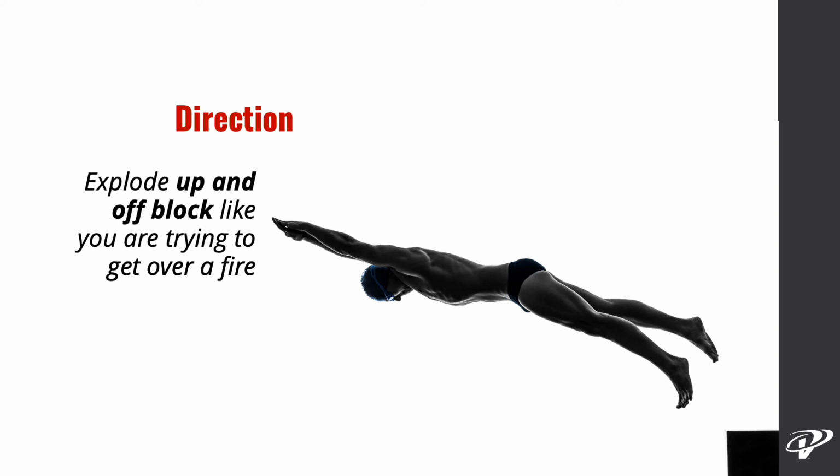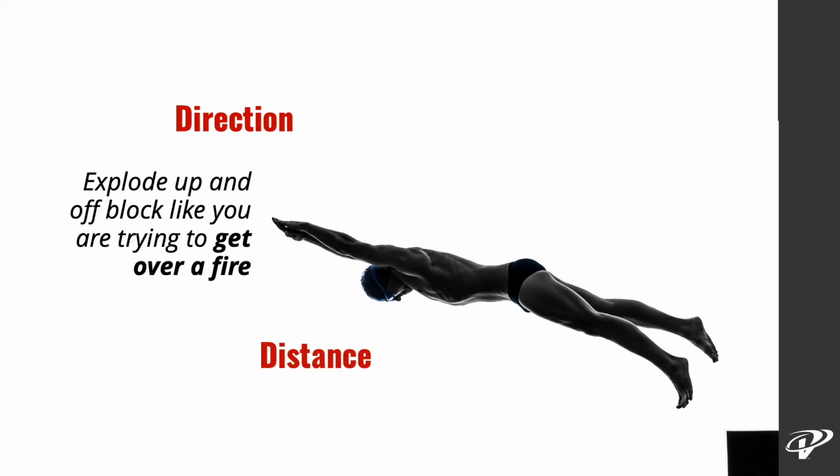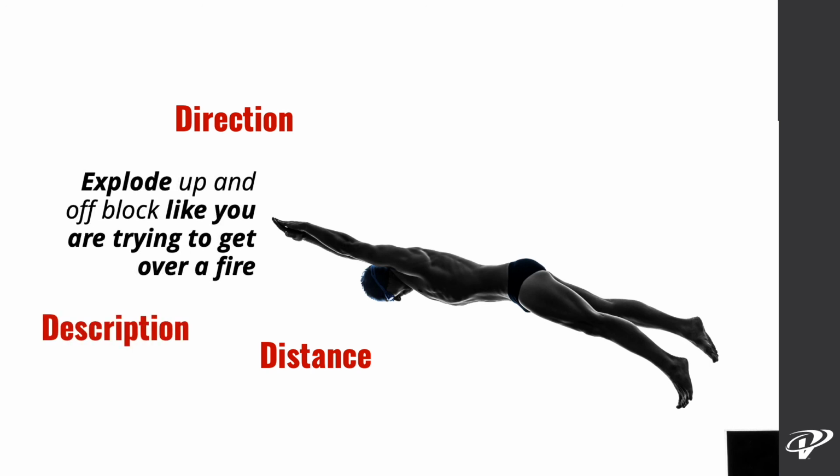So they know which way they're going. They know the distance because they got to get over this fire. They can imagine that. And they know they need to get up high enough to get over it. And we've described it, explode, and we've talked to them about the fire. So this is an example of an external cue using direction, description, and distance so that we can really have an impact on our athletes.